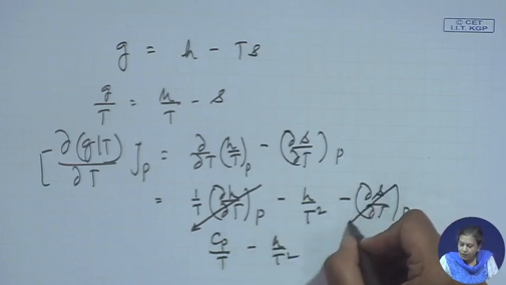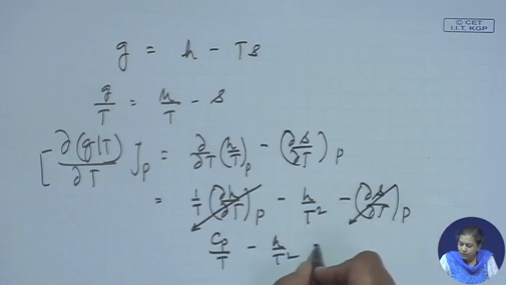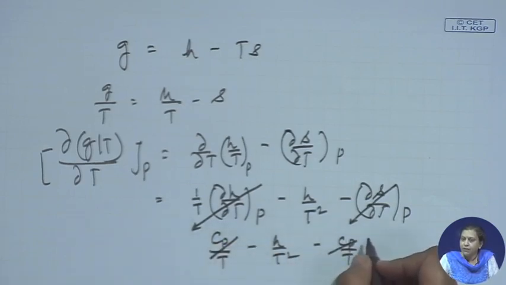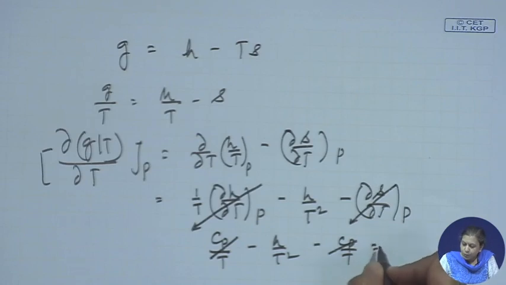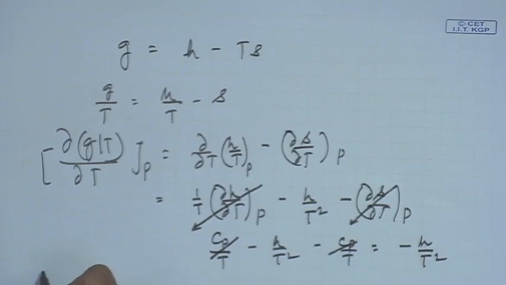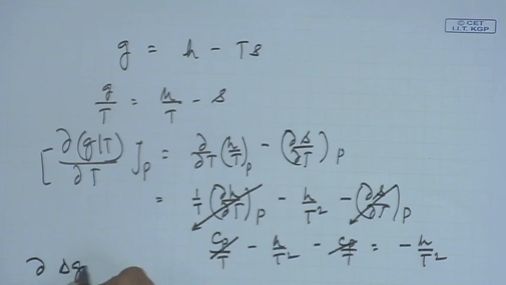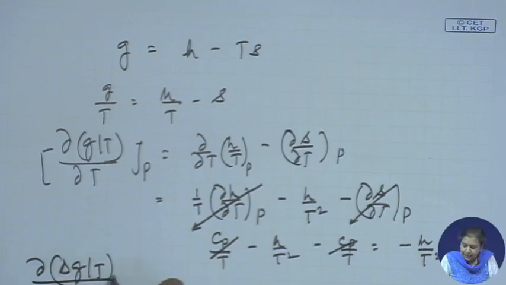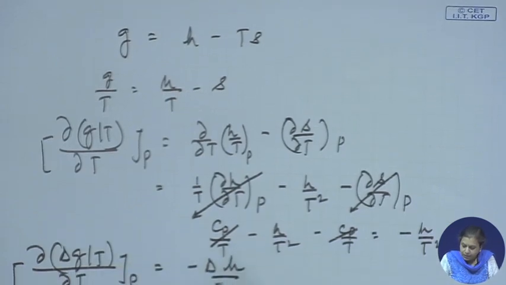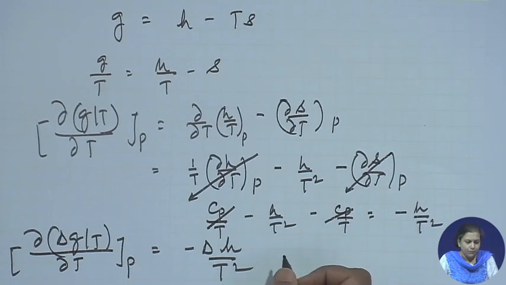If you recollect, we had already derived that del S del T at constant P is equal to minus Cp by T, which relates the variation of Gibbs free energy as a function of temperature in terms of the enthalpy of the process. In other words, del of delta G by T with delta T at constant pressure can be related to the enthalpy change of the process.